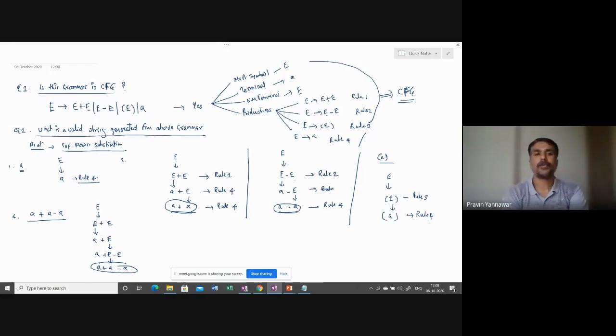I hope you have an idea of how the substitutions are made, and this is a very interesting part. What we have learned so far is the significance of the syntax analysis phase, and what exactly the context free grammar is.